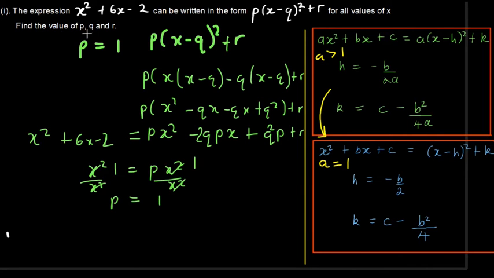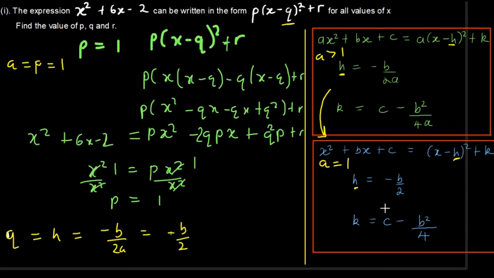Since we need to find the value of q now, q is the same as h, which is minus b over 2a. But since our a is 1, that is, our p, sorry, which is 1, we have minus b over 2. That's why we are using this formula.